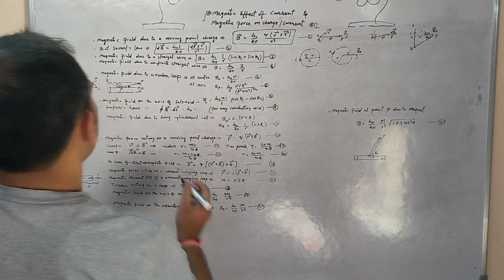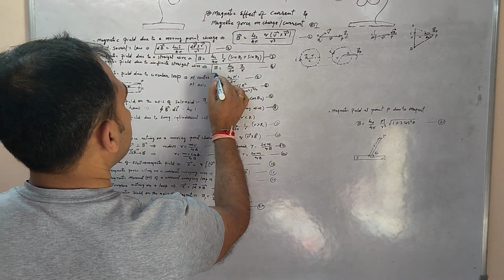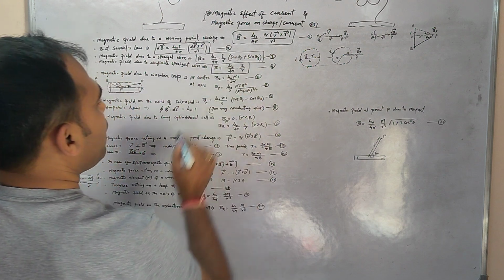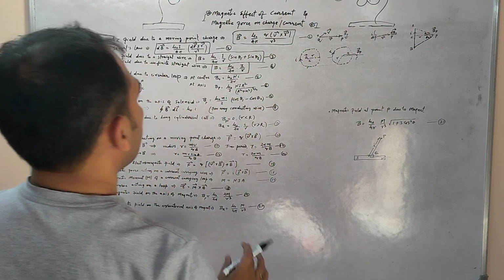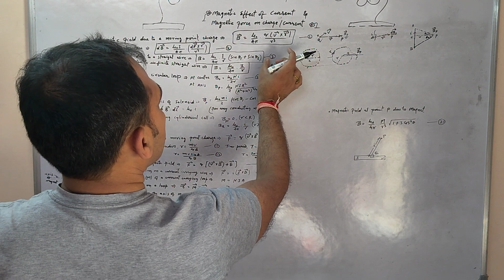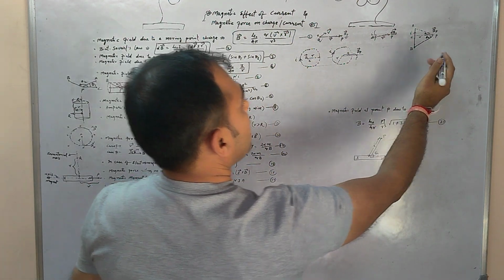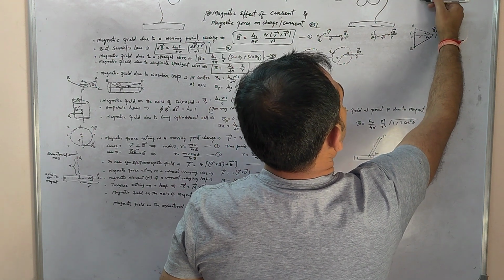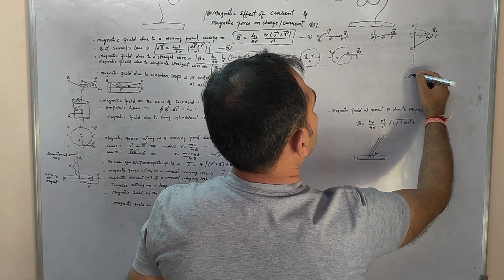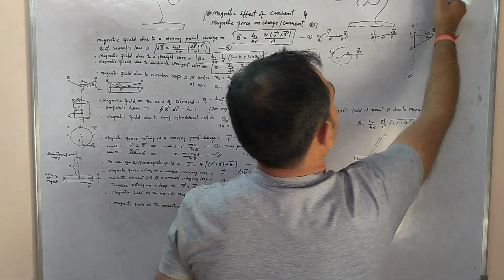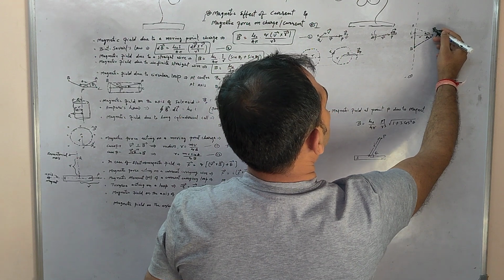So the magnetic field will be mu naught upon 4 pi I by r (sin theta 1 plus sin theta 2). Now magnetic field due to an infinite straight wire, this is B is equal to mu naught I upon 2 pi r. See, equation number 3. For an infinite wire, theta 1 will become 90 degrees.